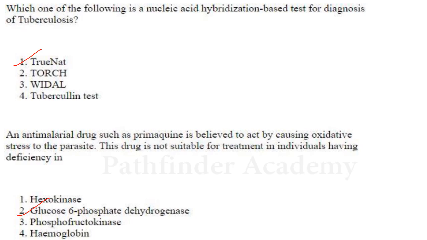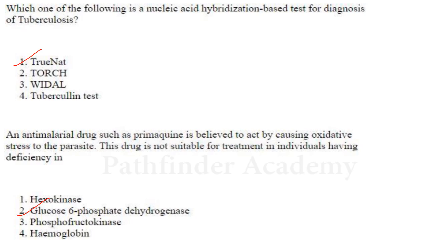The full form of TORCH is toxoplasmosis, rubella, cytomegalovirus, herpes simplex virus and HIV. And the Widal test is for typhoid fever, and the Mantoux tuberculin test is a method for determining whether a patient is infected with Mycobacterium tuberculosis. So the answer here is option 1, TrueNAT.